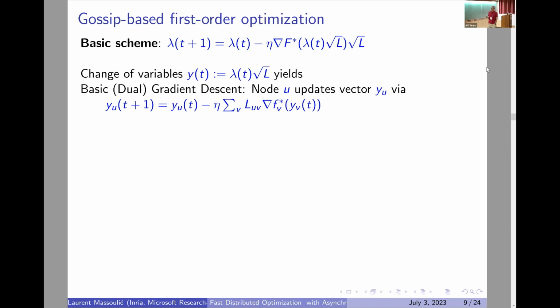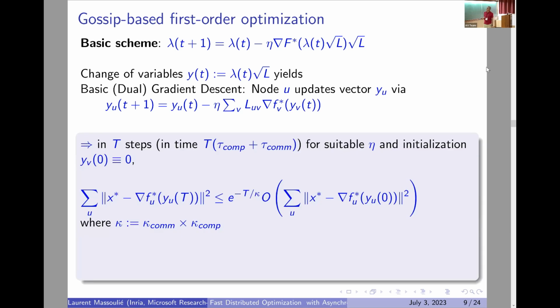Then we rewrite this as y u of t plus 1 for user u is y u of t minus eta sum over v of L u v dual gradient f star v evaluated at y v of t. So we see that this dual formulation is tailored to work well with our communication primitive.